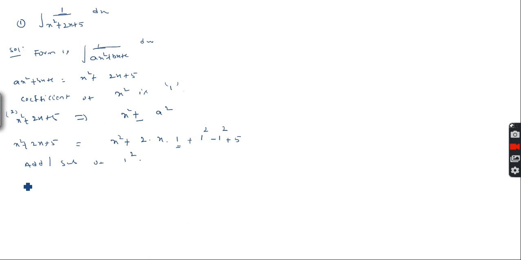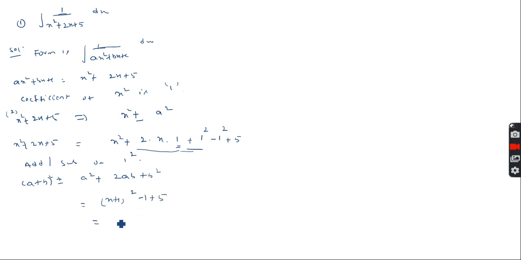We need a plus b whole square, which is nothing but a square plus 2ab plus b square. This formula will be helpful here. So we can write x plus 1 whole square minus 1 plus 5.